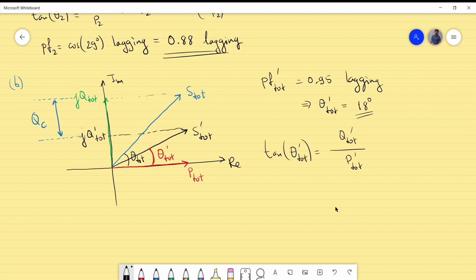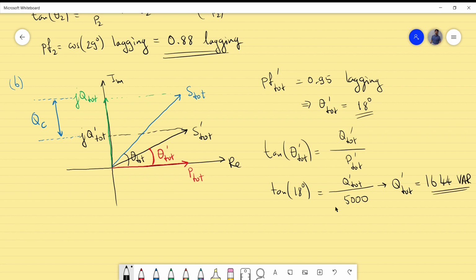If we now substitute the values, what we get is the following. Tangent of 18 degrees will be equal to Q total prime divided by P total, which is still 5000, so that doesn't change. So this will give us Q total prime, which is equal to 1644 volt amperes reactive.